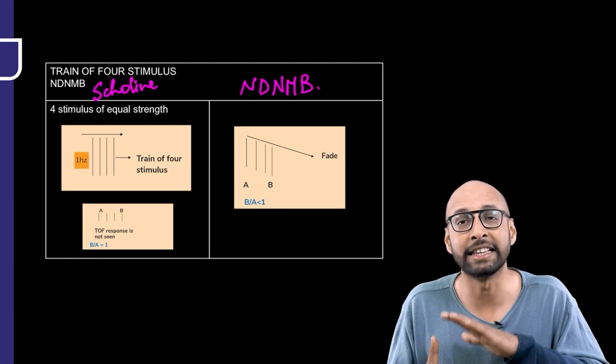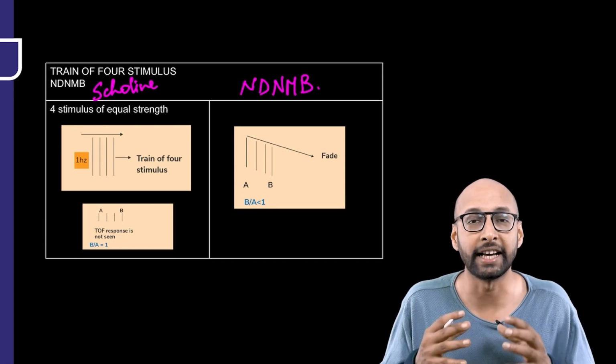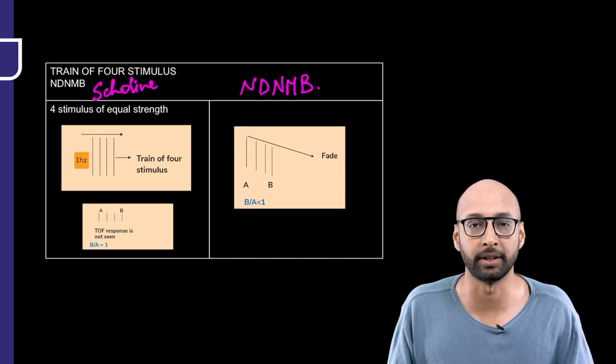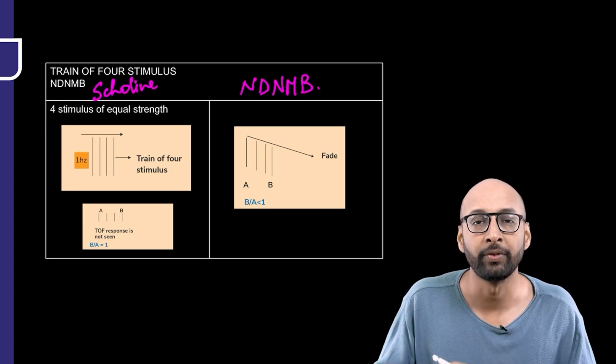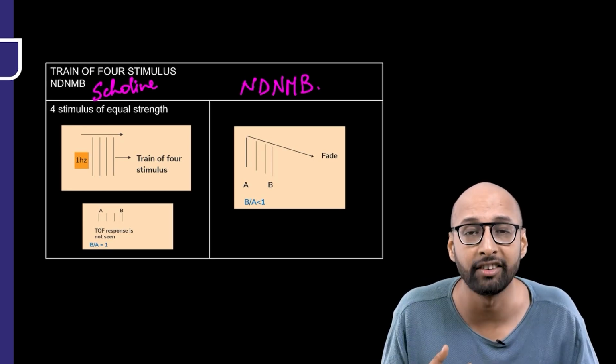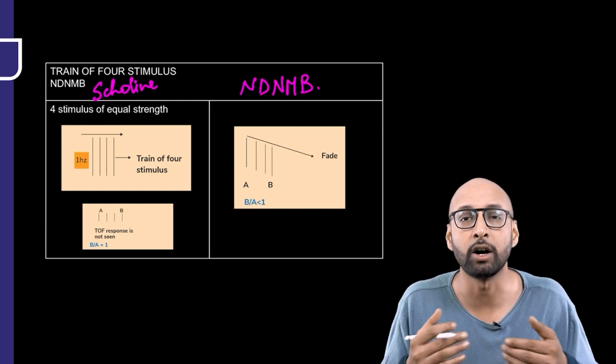Whereas when non-depolarizing muscle relaxants act, they go and sit on the receptors. Let's say initially there will be 50 molecules, then for the next 2 minutes there will be 200 molecules, and in the third minute there will be 1000 molecules.